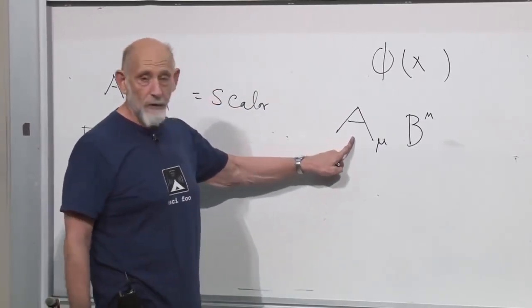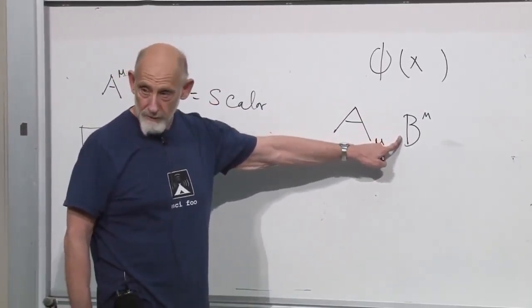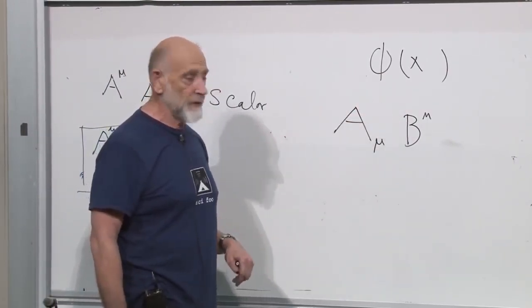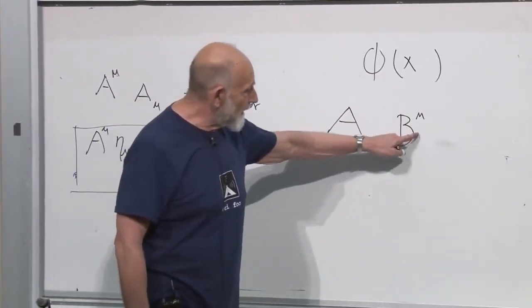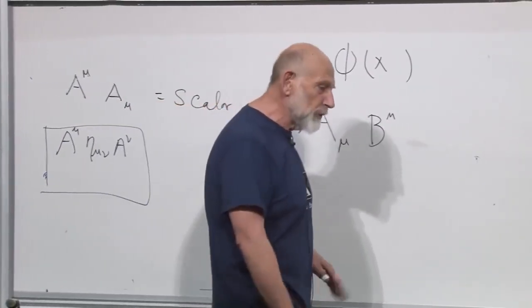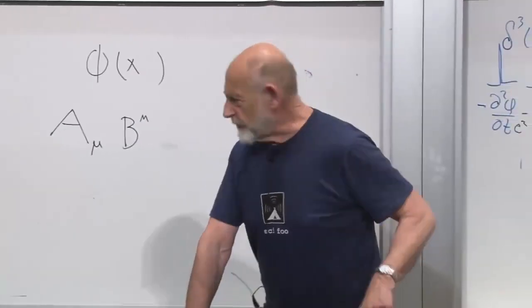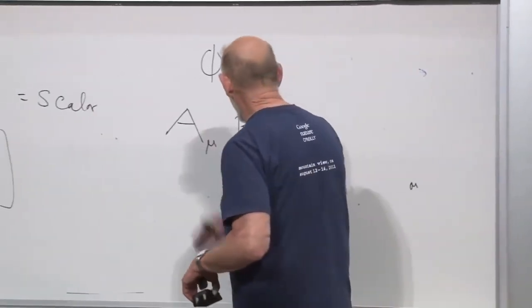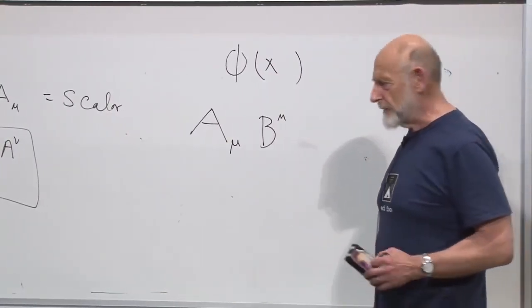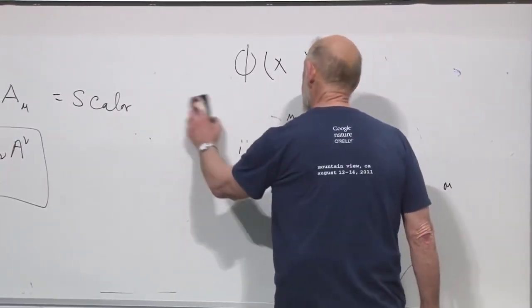You know this is a 4 vector and you don't know about this. Then it's possible to prove that B is also a 4 vector, that it also transforms as a 4 vector. We'll use that in a moment. It's sort of obvious. If A is a 4 vector and A times B is a scalar, then B is a 4 vector. Not too hard to prove.